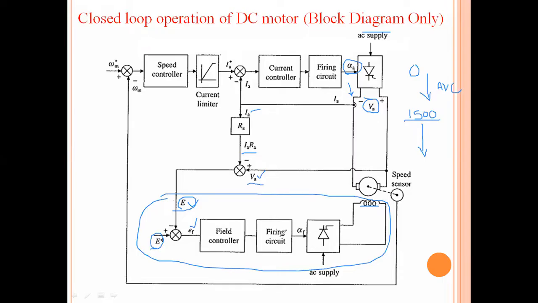Here also this firing circuit produces the required firing angles or firing pulses for the field converter. According to the firing pulses given to the field converter, the field winding excitation will be modified, which means the energy given to this field winding will be changed. So based on this value, the motor will work above the base speed.